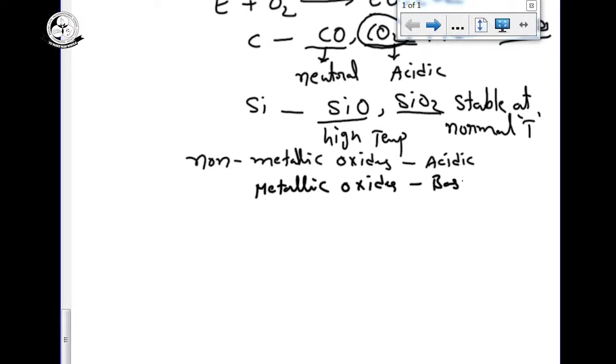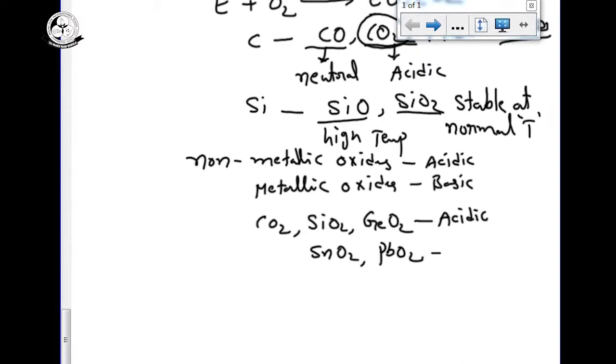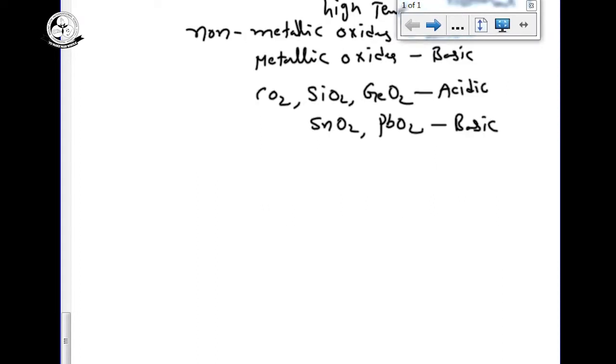But here we will see some neutral oxides, some acidic oxides, some basic oxides. Carbon dioxide, silicon dioxide, germanium dioxide, all these are acidic, whereas tin oxide and lead oxide, these two are basic. Metallic oxides are basic, non-metallic oxides are acidic.